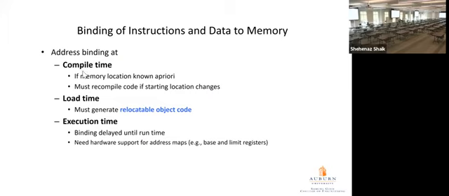One advantage of performing address binding at compile time or load time is that there is no performance penalty as perceived by the user at runtime, because the instructions already have the physical addresses available.